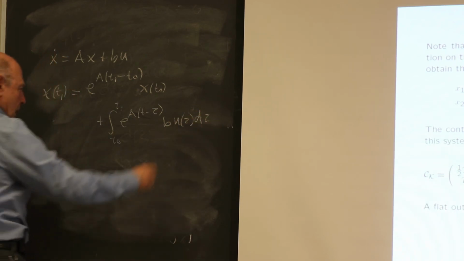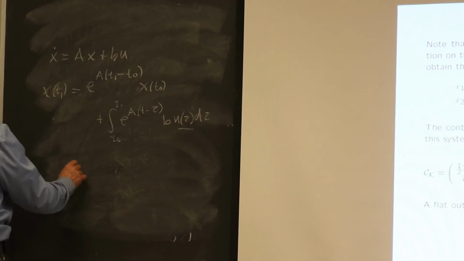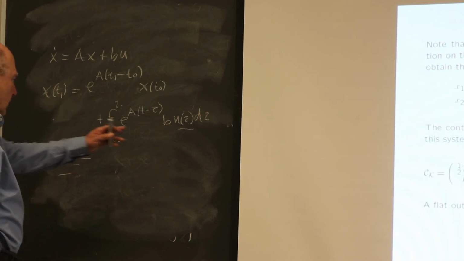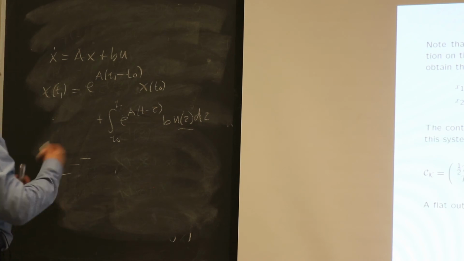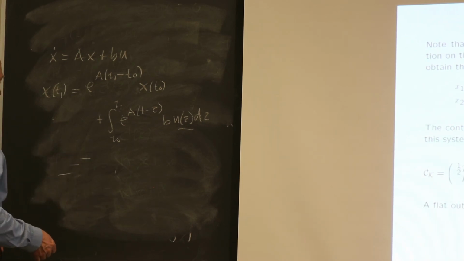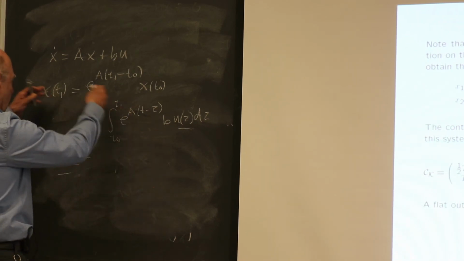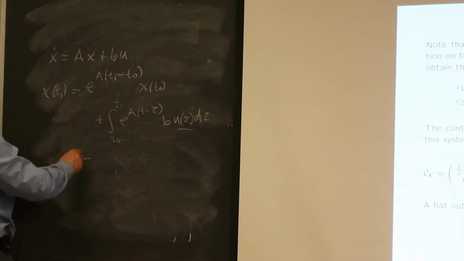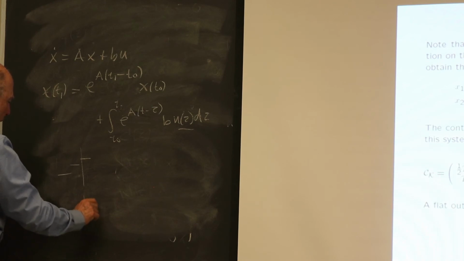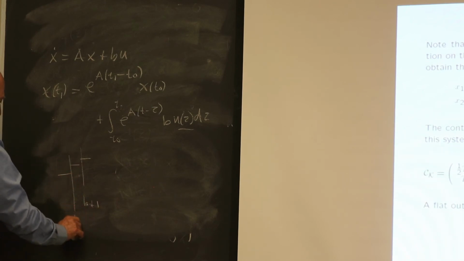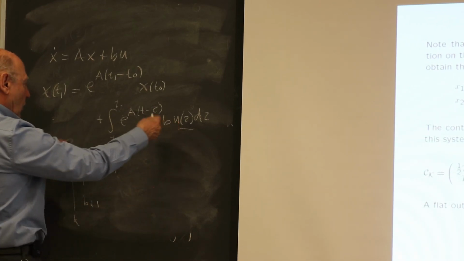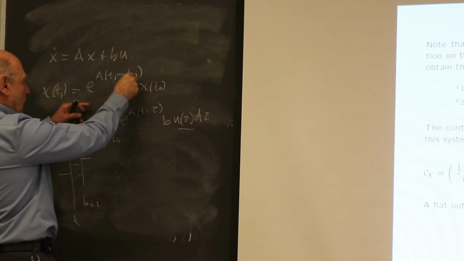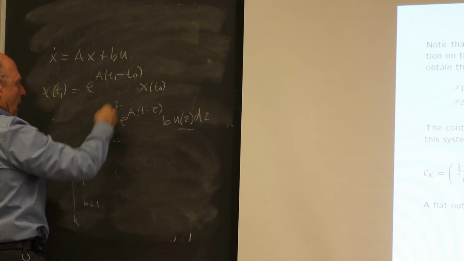Now, if you make a piecewise constant control input, so that between sampling times you have a constant value of u and it changes for the next period of sampling, you can use this formula to obtain an exact value of the state at time k plus 1 as related to the state at time k, by making u constant and making t1 equal tk plus 1 and t0 equal tk.